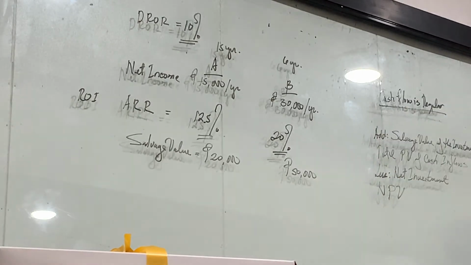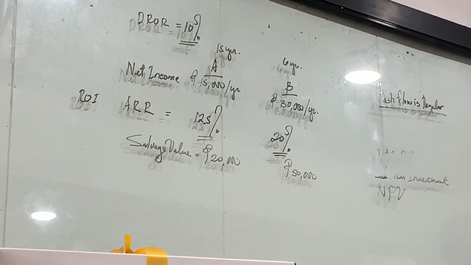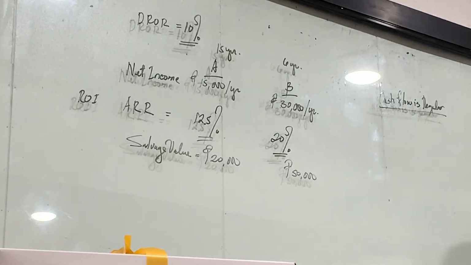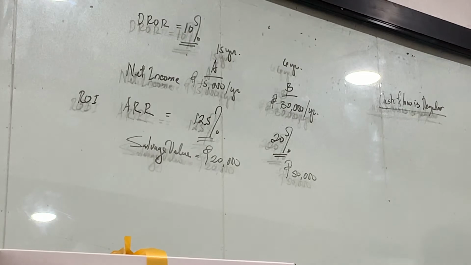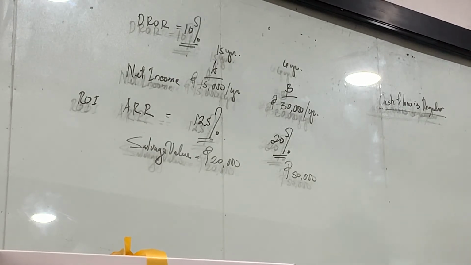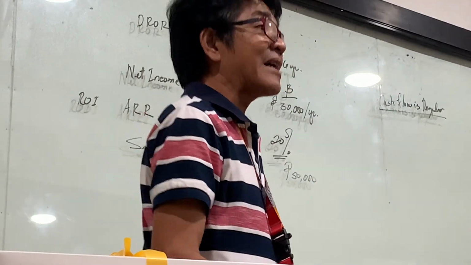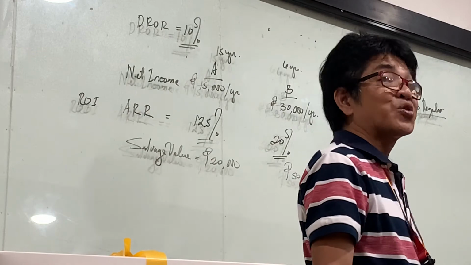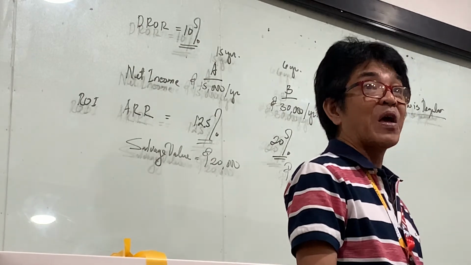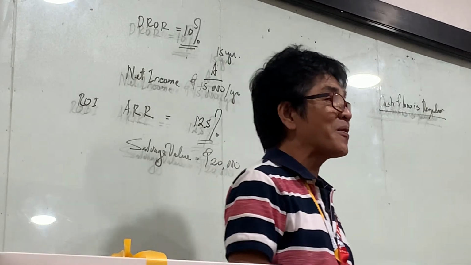So, now take note that project A has a regular cash inflow. Pila ko kada tuig? Ang kada cash inflow niya pila? 12,000 for 15 years. Kaya flat yung 15 years.